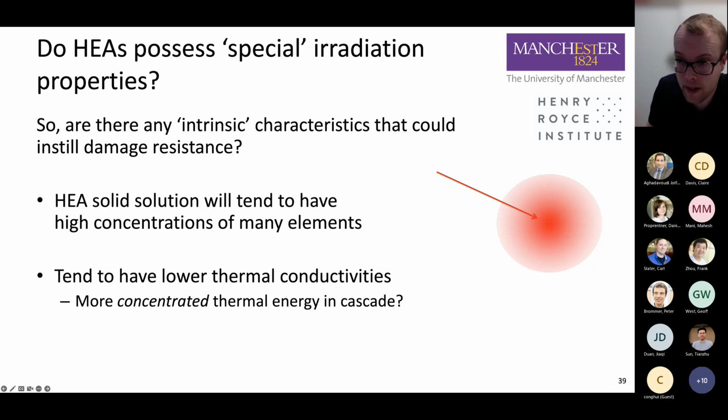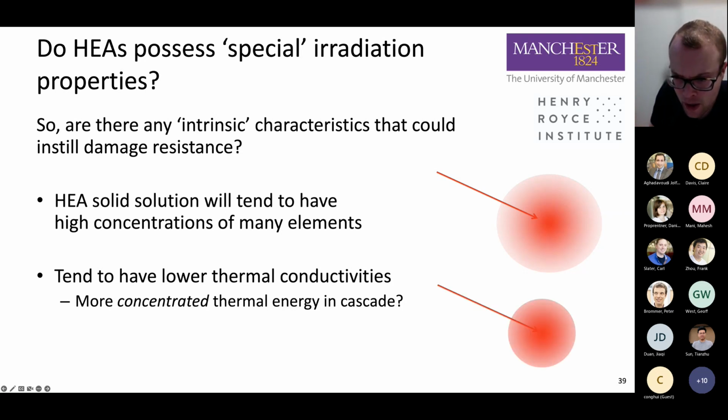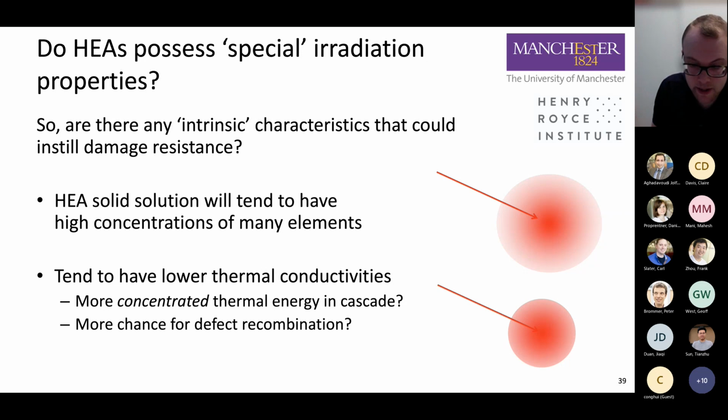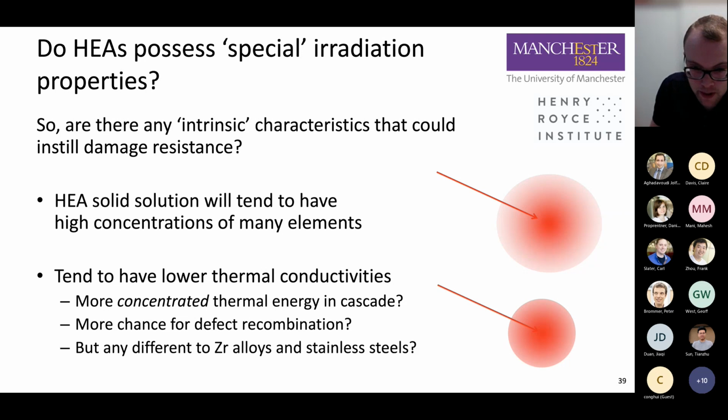So imagine the overall thermal spike, if you like, associated with the cascade looked like that in a conventional alloy. In a high-entropy alloy, do we get just a more localized displacement cascade, with thermal energy concentrated over a smaller volume, and does this help provide a chance for defect recombination?